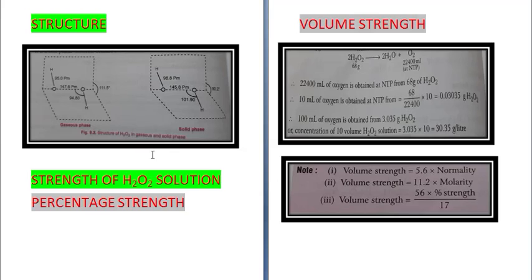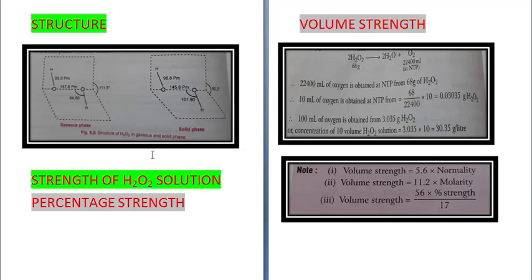So 10 volume solution of H2O2 is 3.035% solution. So 2H2O2 will give you 2H2O plus O2. So H2O2 mass is 68 grams, and oxygen at NTP is 22400 ml.